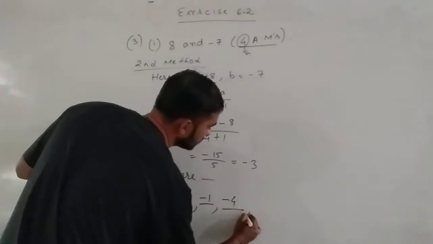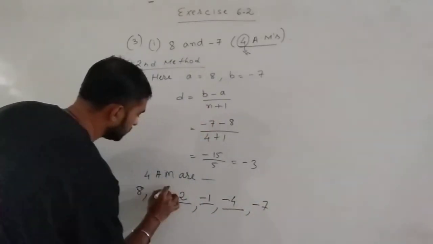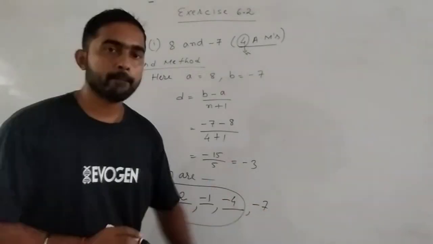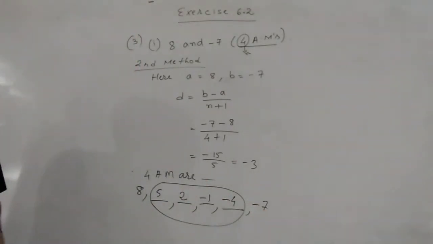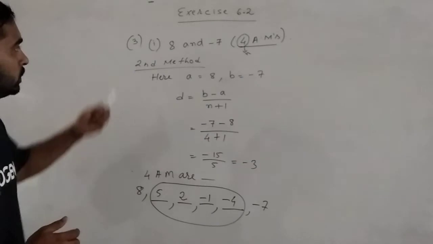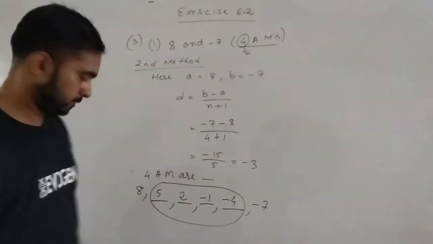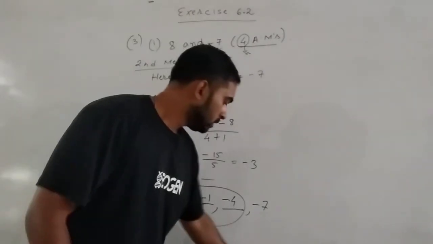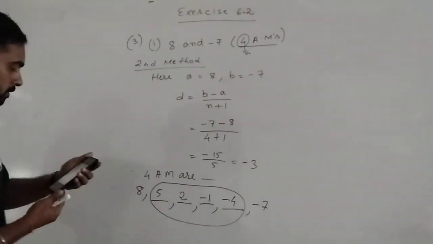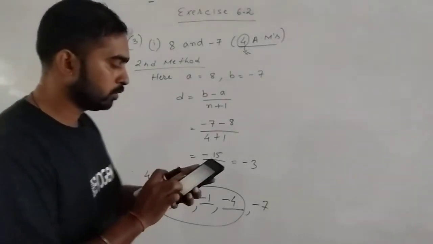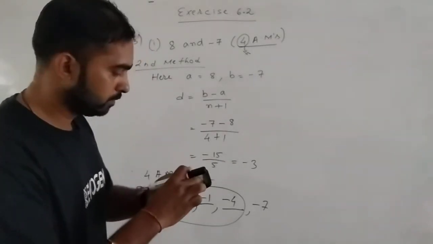And minus 4 minus 3, minus 7. So these are the 4 AMs between 8 and -7. Understood? In this way we can find the AMs between two numbers. All are the same in this way, so do the rest of the questions at home.